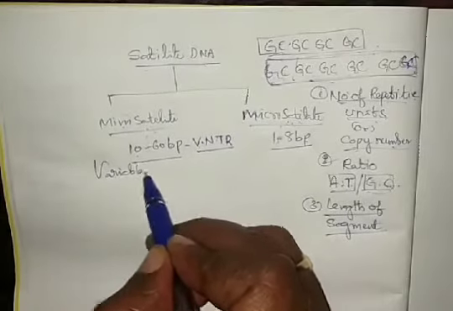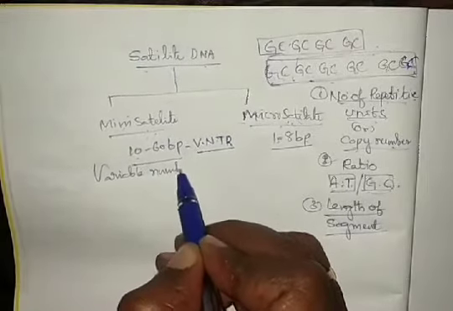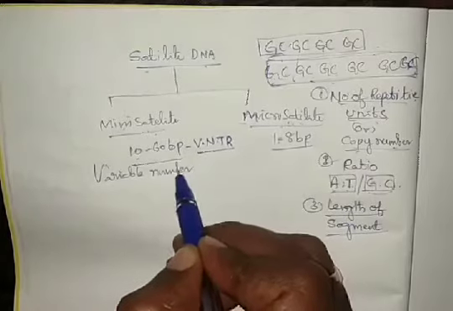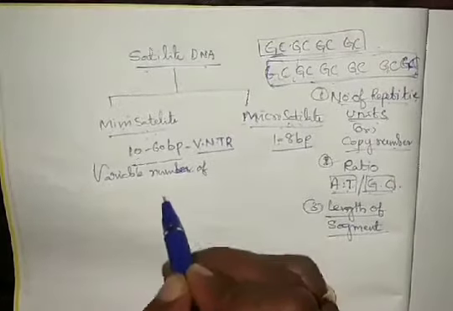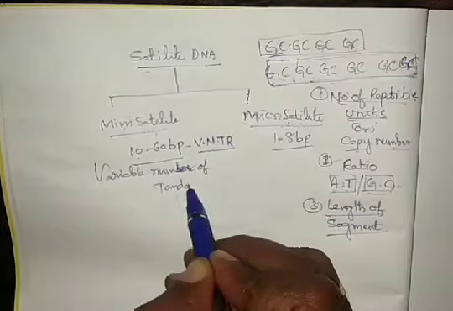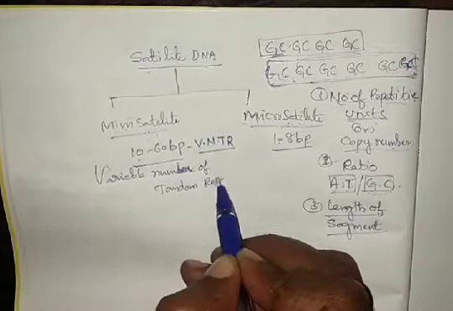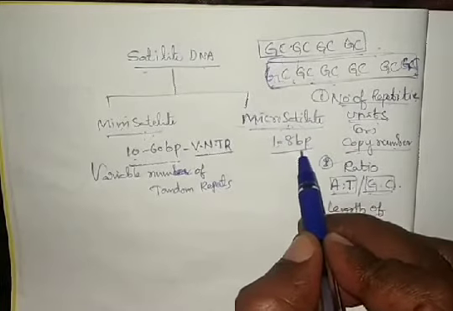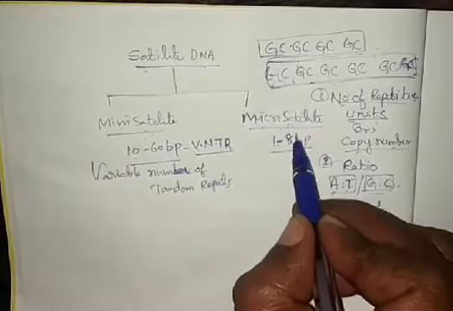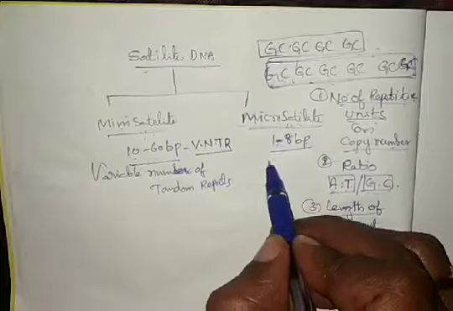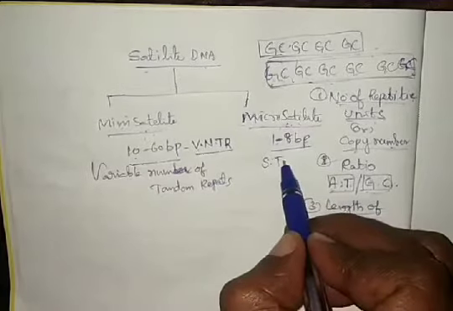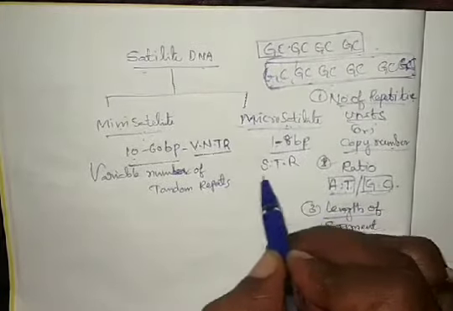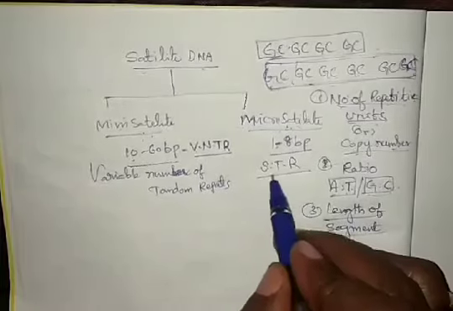Mini satellites with 10 to 16 base pairs are called variable number of tandem repeats. This microsatellite, which has 1 to 6 base pairs, is called short tandem repeats.